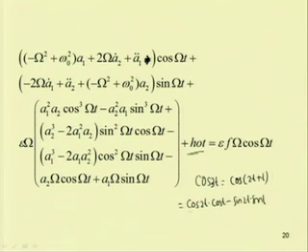Now again breaking down this cos 2t: cos 2t equals cos square t minus sin square t, or one can write this as 2 cos square t minus 1, into cos t, minus sin 2t sin t, which becomes 2 sin t cos t into sin t.